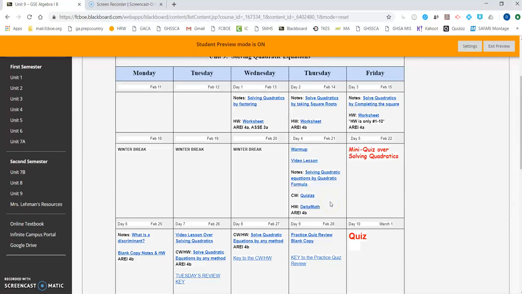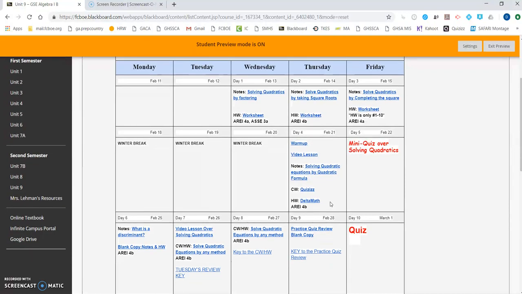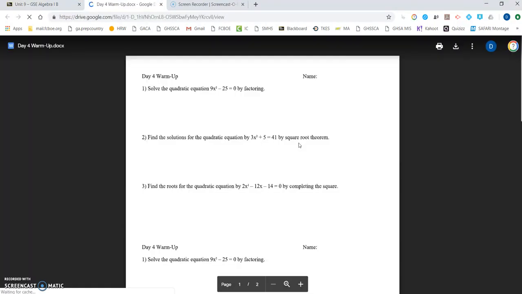So how my lesson would go is basically down the links. I would start the class with the warm-up, and then as they're coming in and pulling up the warm-up, this link right here is going to pull up their warm-up, and then the warm-up will be a Word document like this. They're able to download it, and then they have 2 options.